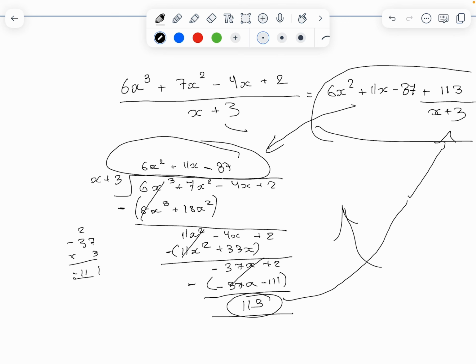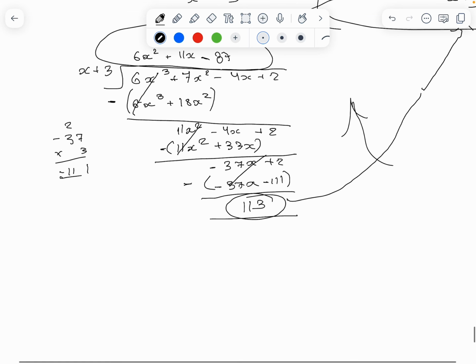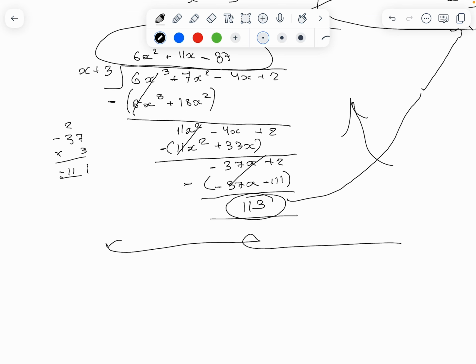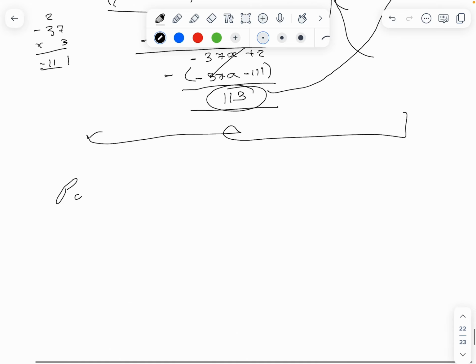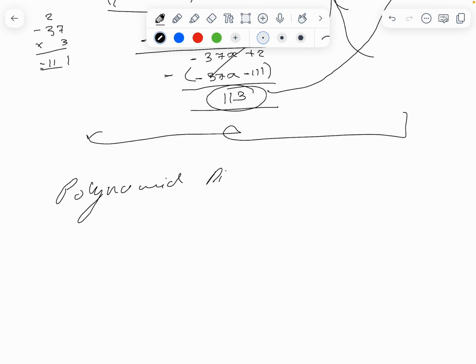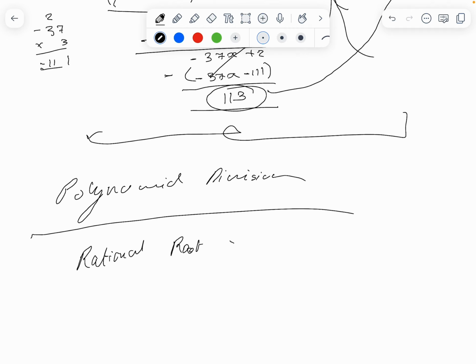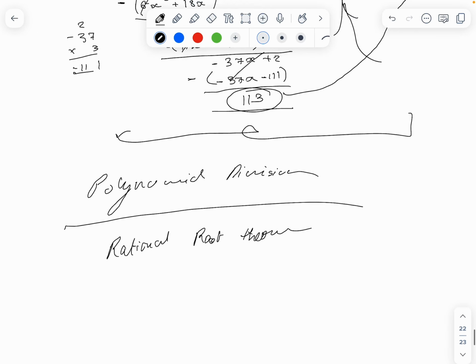You will need to know polynomial division for topics like the rational root theorem, I think, and a few more, but yeah, that's all you need to know for now.